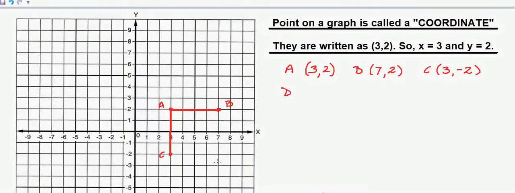Okay, so we can do that. We can just draw the lines so that we create a square.